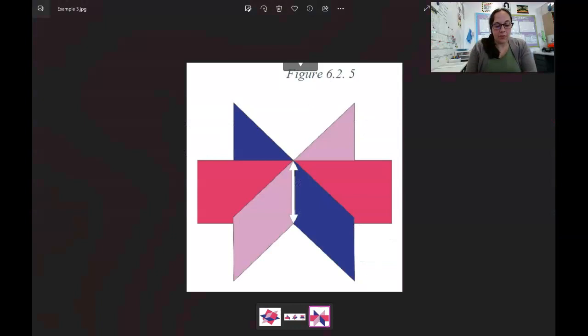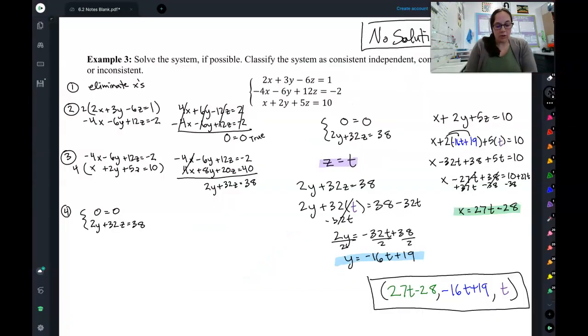I have 3 planes happening here, and notice that this whole line of points is the line that these planes share. So there are infinitely many points that these planes have in common. And those points that are on that line all fit this formula right here.